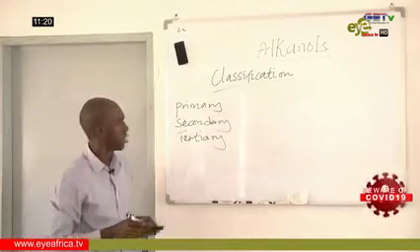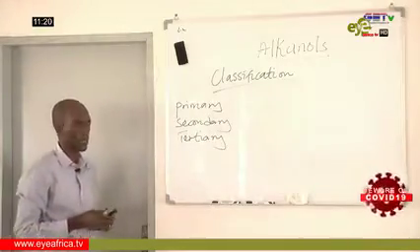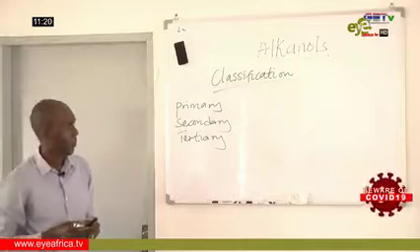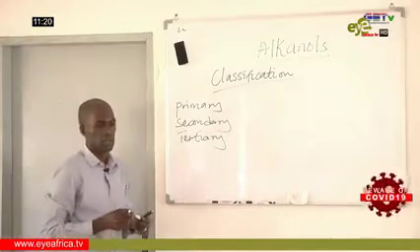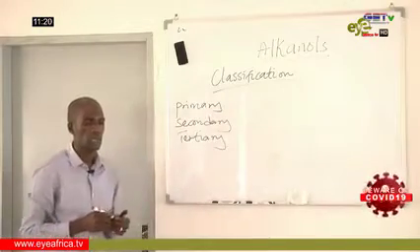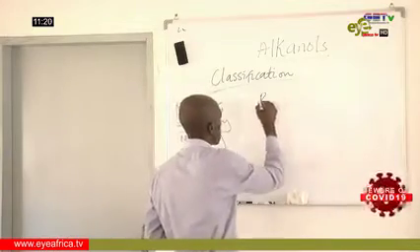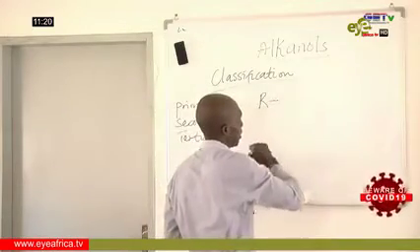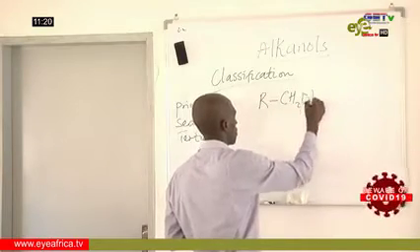So let's start with primary alcohols. How do we classify primary alcohols, or how do we identify primary alcohols? This class of alcohols have only one R group attached to the carbon with the OH. That is, we'll have only one R group attached to the carbon that bears the functional group.